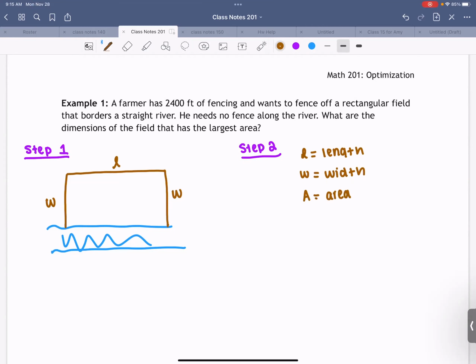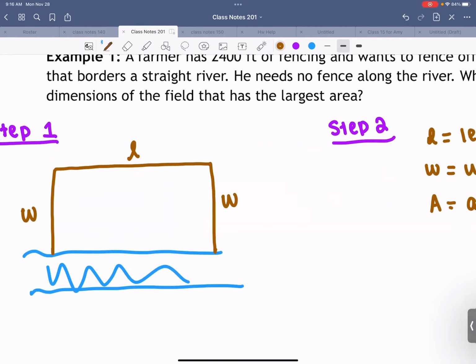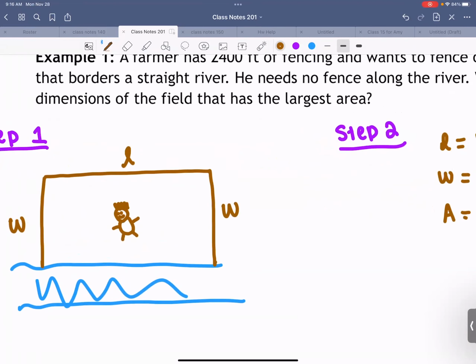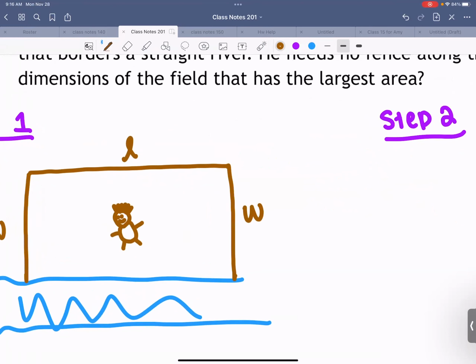All right. Hey, I could draw you in the picture. I haven't done that yet. Here we go. There you go. I don't think it looks like, here we go.